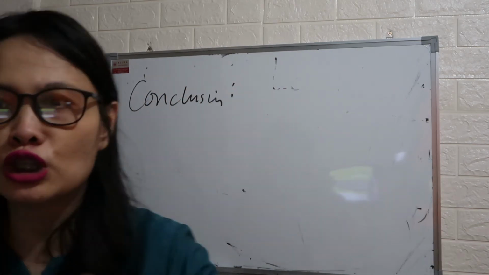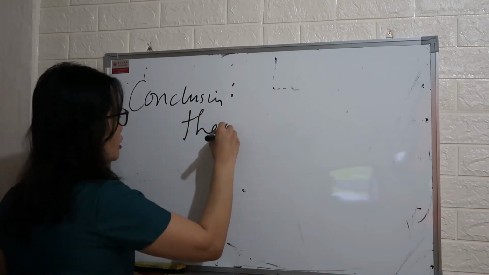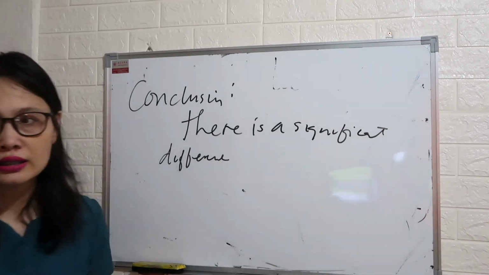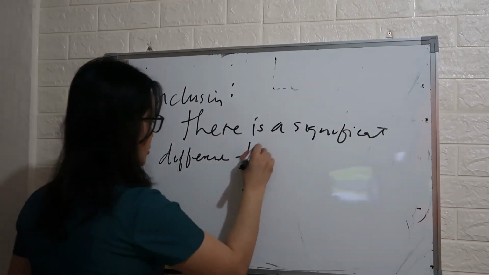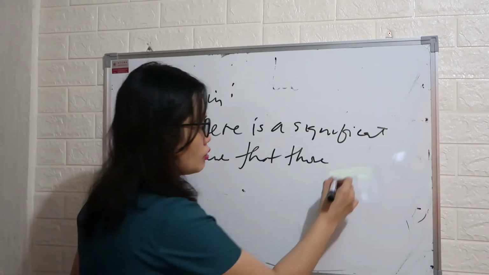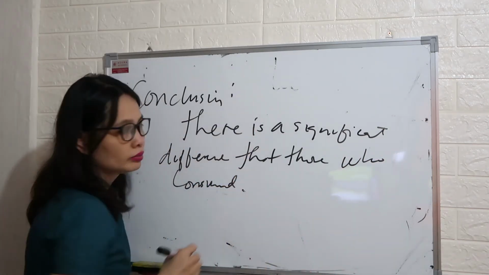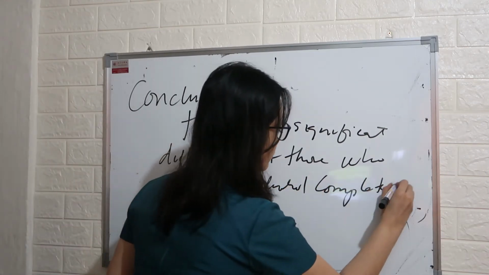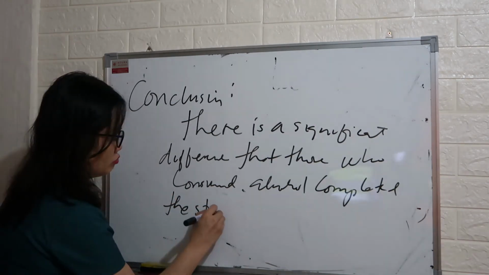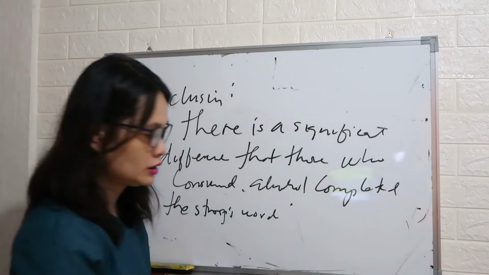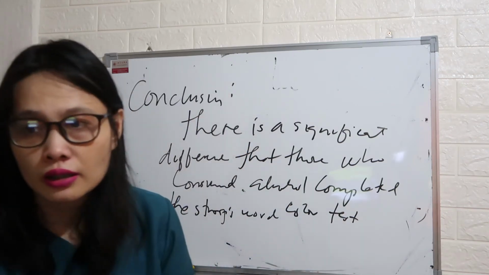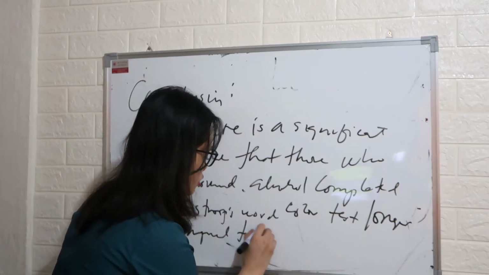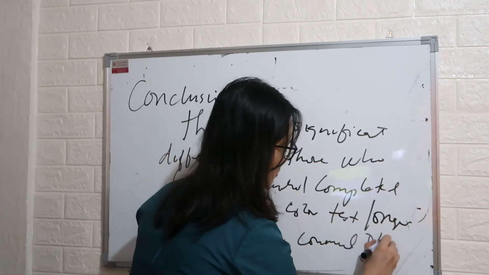If you're rejecting H0, meaning you need to accept your HA, that there is a significant difference: those who consumed alcohol completed the Stroop word color test longer compared to those who consumed placebo.